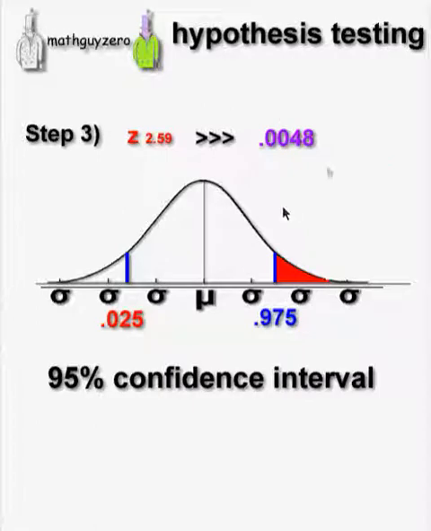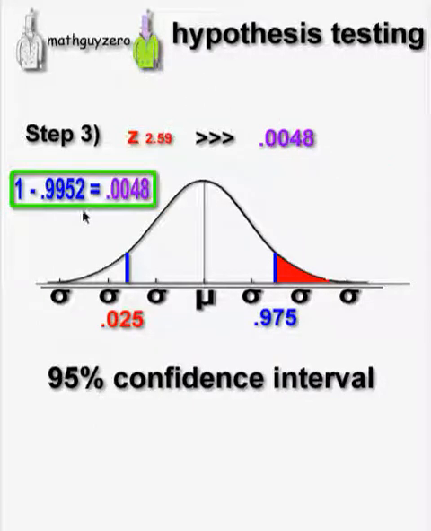In fact, because it's a greater than, it's only going to be that 0.0048 of the graph to the right of that number. So that's not very convincing.